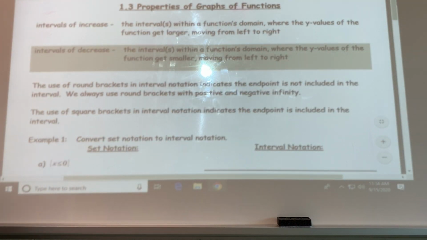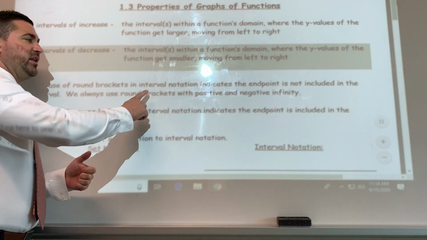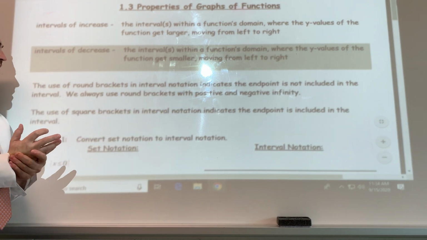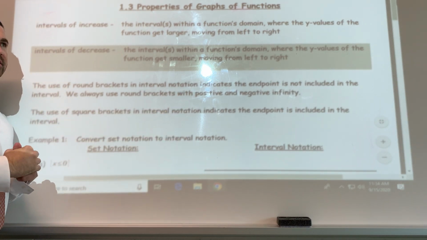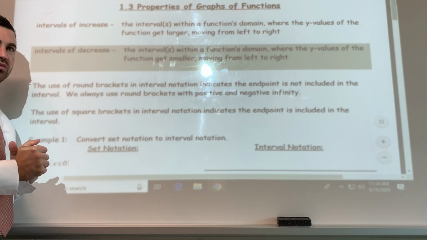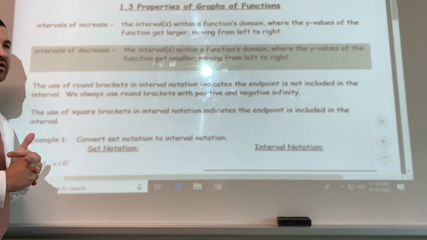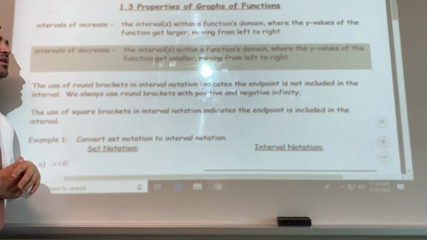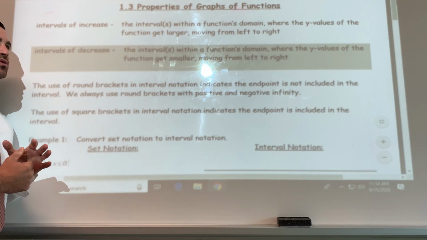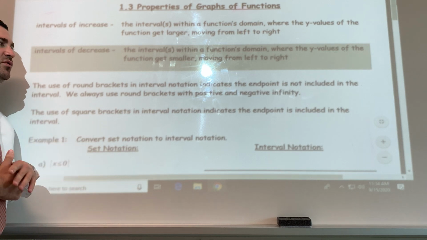Something new today is that we're going to learn interval notation. It's different than set notation, which is what we use for domain and range. Interval notation is new, and it's for you to list out where the intervals are increasing or decreasing.